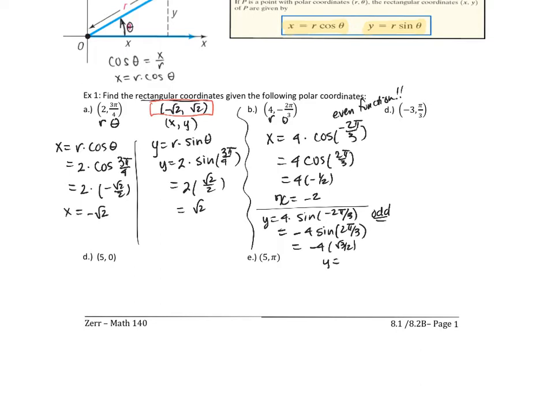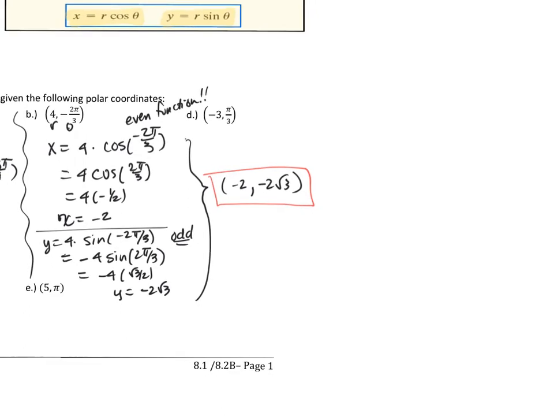And so my y is negative 2 root 3. So that gives us a point of negative 2, negative 2 root 3.